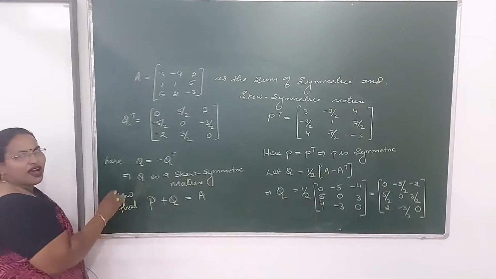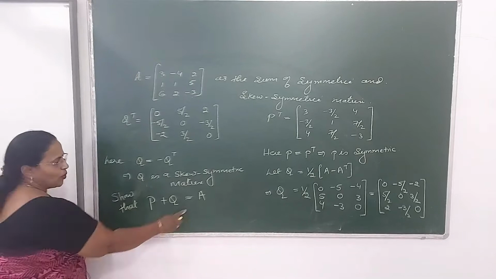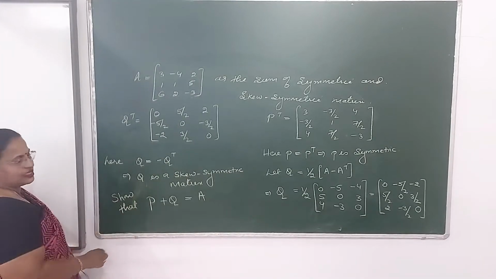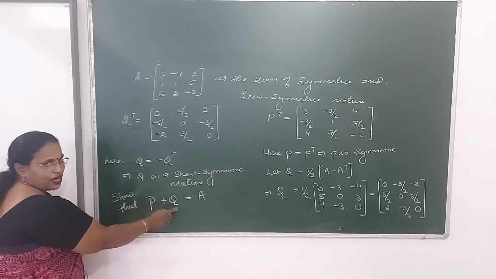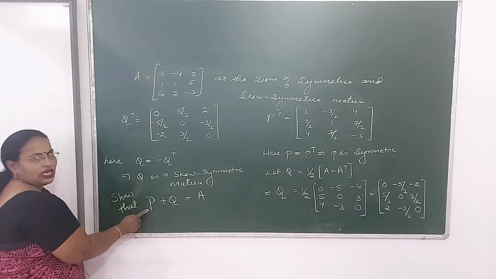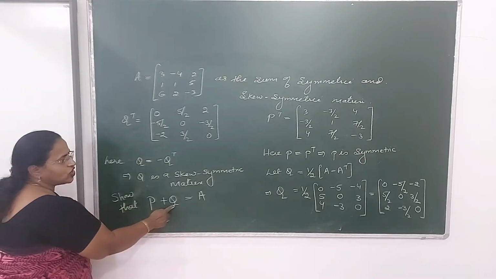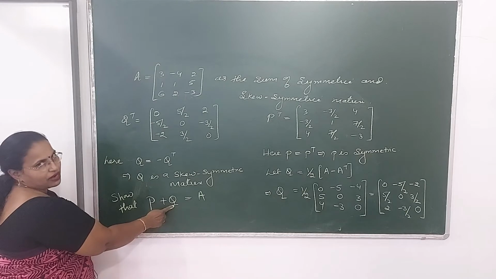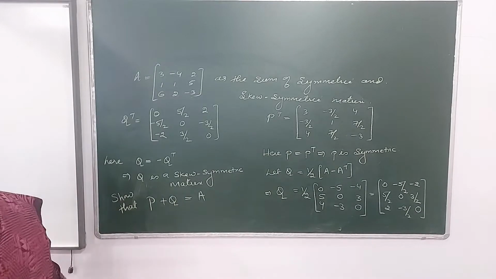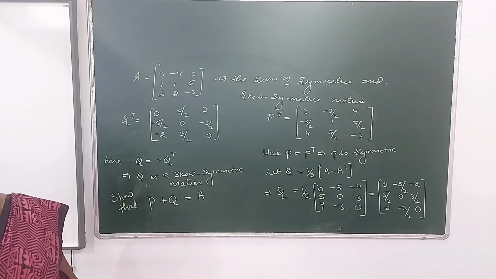Now, afterwards, the last step you will write. A is expressed as a sum of P and Q, where P is a symmetric matrix and Q is a skew symmetric matrix. And that way, you can end the question.